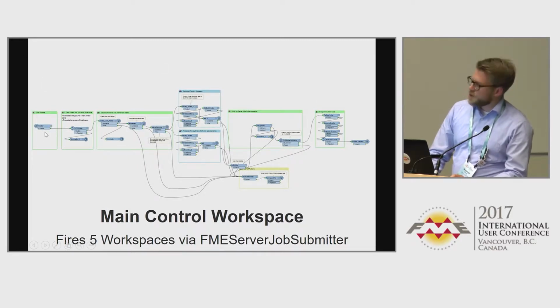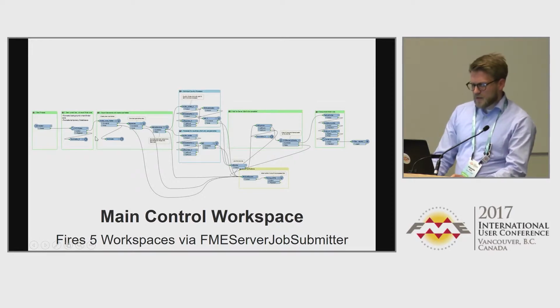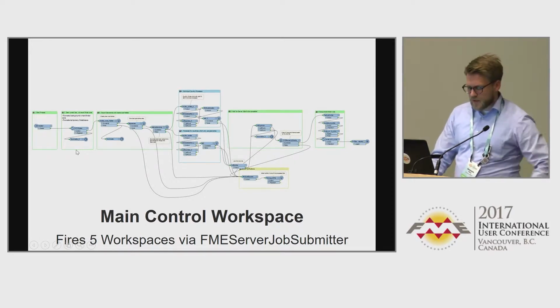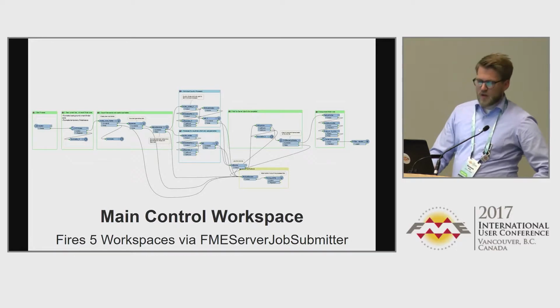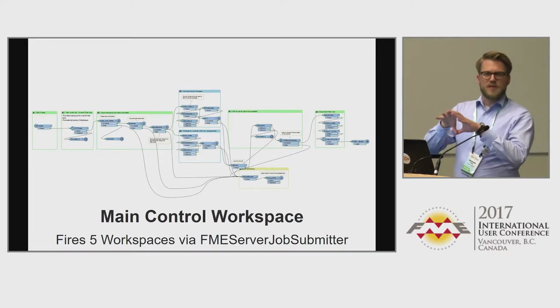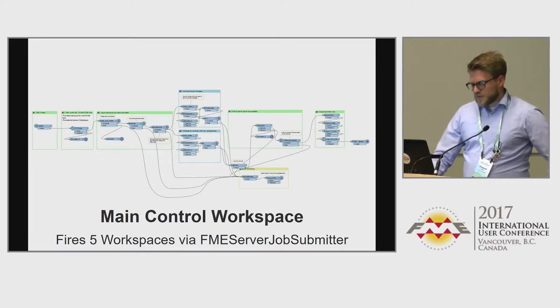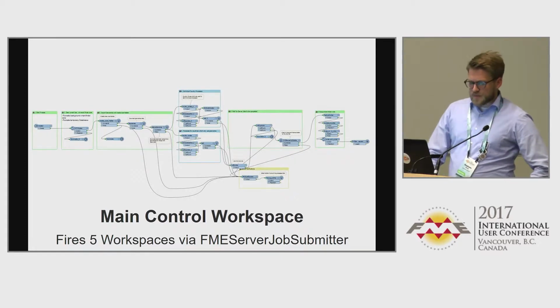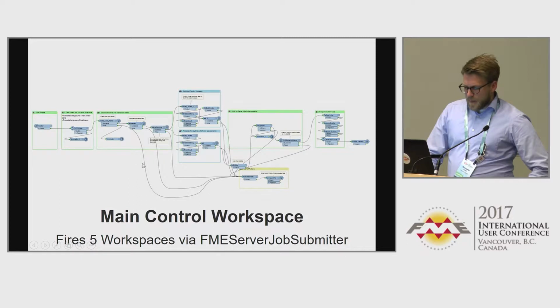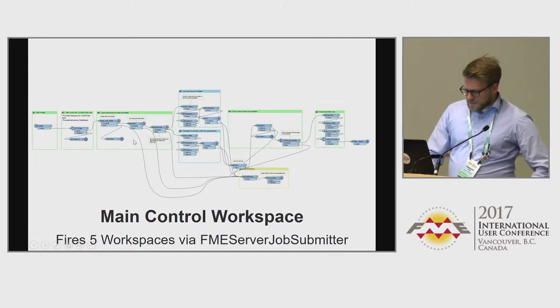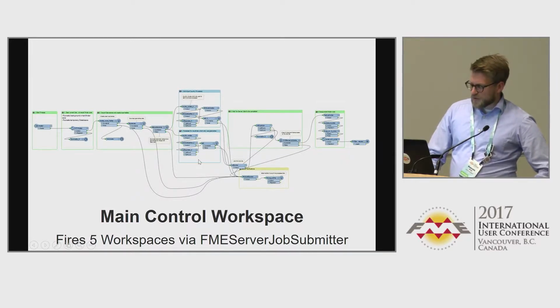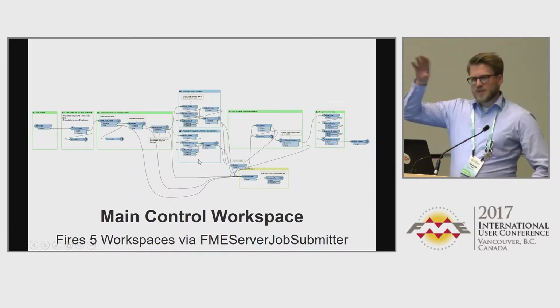It is started here, and first of all, we just truncated the background information of the Smart Finder core. There's a Smart Finder core, and there's, let's say, a staging Smart Finder database for the metadata information. Then we import the geonames data, and here in the middle you see 2 workspaces fired up with a FME Server job submitter, one for the Inspire data and the other for the geonames data for every country.